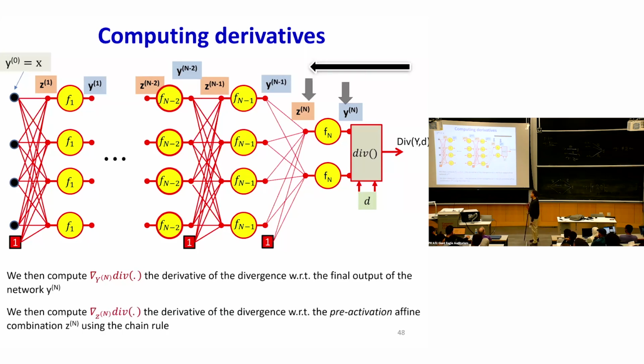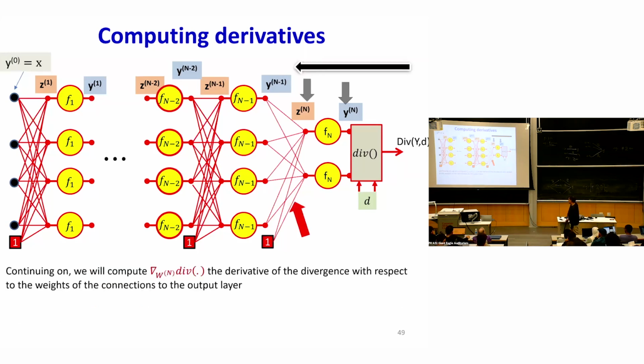And then we take a step back from there and we compute how much perturbing the z_N will perturb y. We have already computed how much perturbing y will perturb the divergence. So chaining the two, we get an idea of how much perturbing the z's will perturb the divergence. And we can keep doing this going backwards.